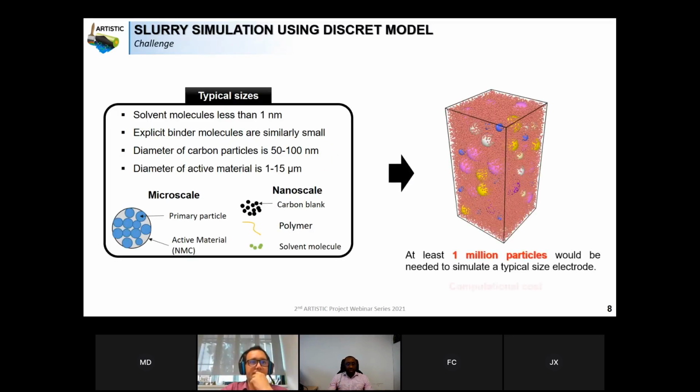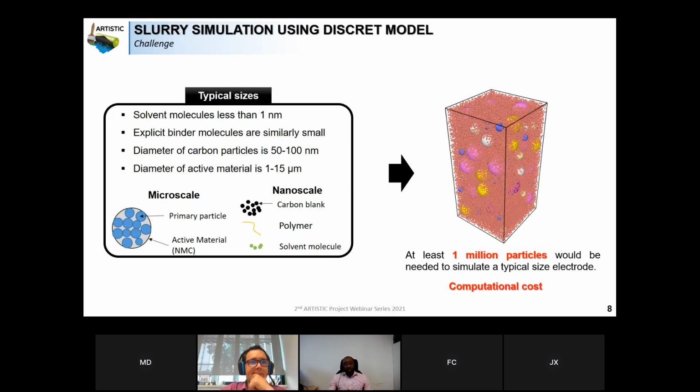But as you know, we have different scales when we mix active material, carbon, and binder. For example, the size of the active material particle is around 150 micrometers, and the size of the carbon is around 50 to 100 nanometers. So you can see clearly that we have very different scales in this problem.